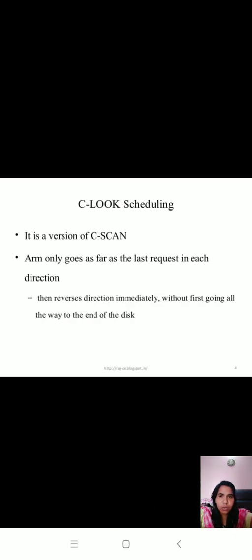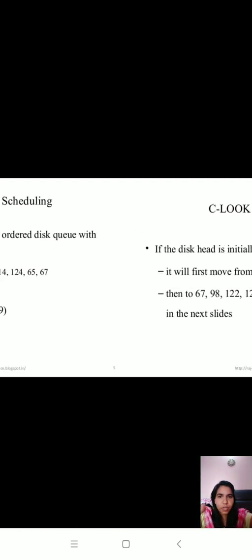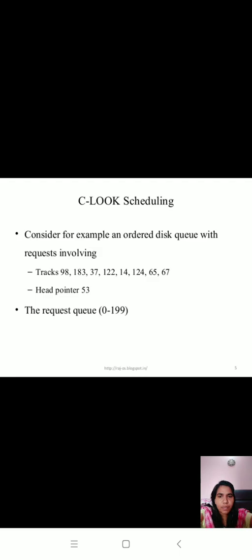Okay, so CLOOK is also a version of CSCAN, and the arm only goes as far as the last request in each direction, then reverses direction immediately without first going all the way to the end of the disk. Okay, so see, here we have a problem, and the head pointer is at place 53.